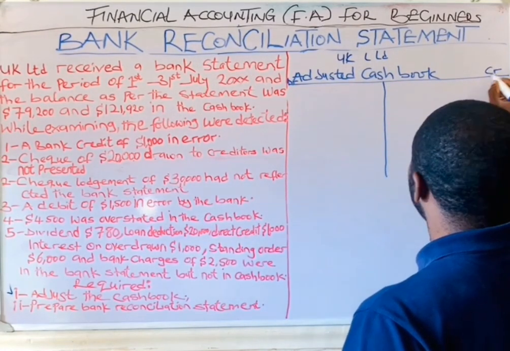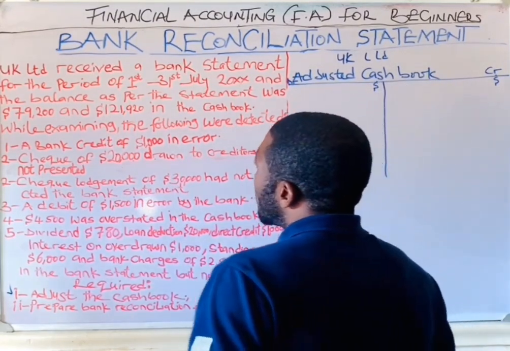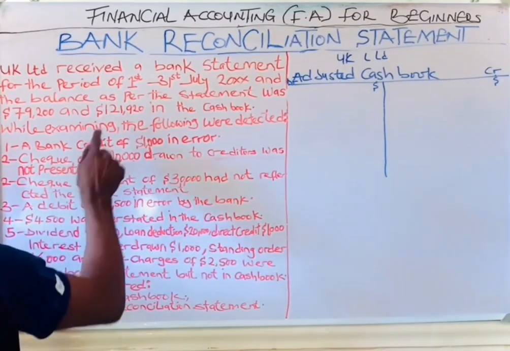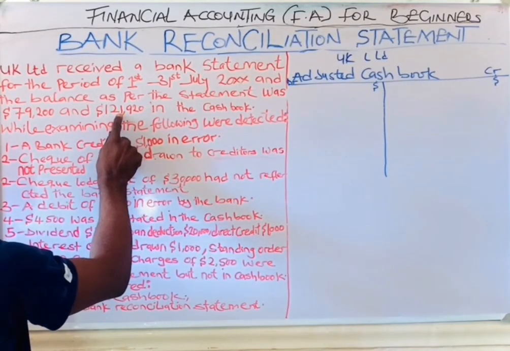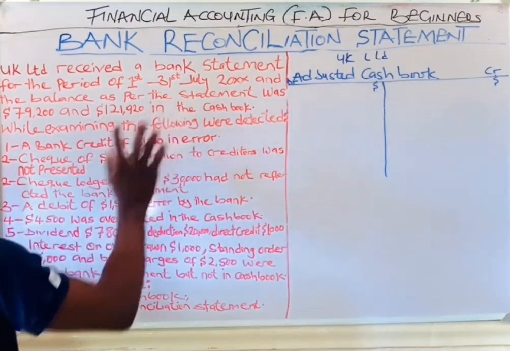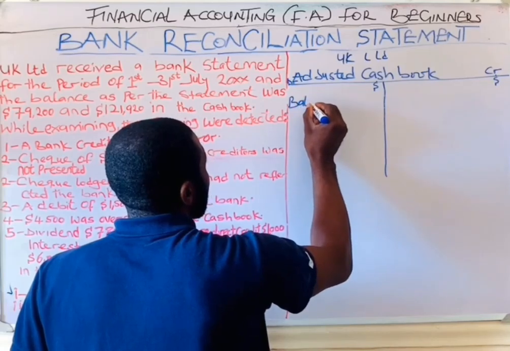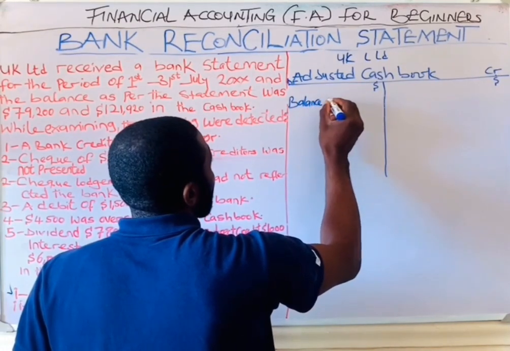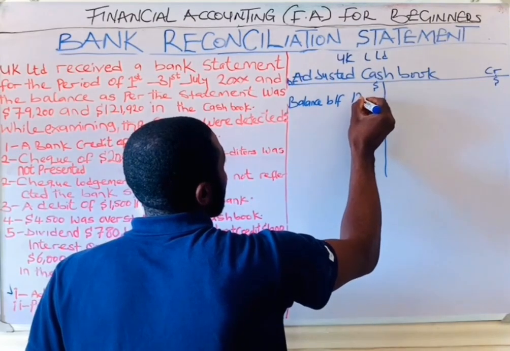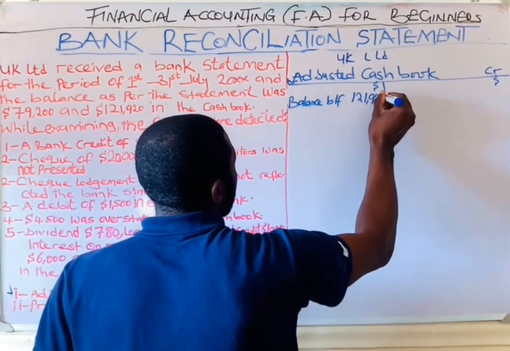So from the question, $121,920 is the balance in the cash book. So this is our balance brought forward of $121,920.